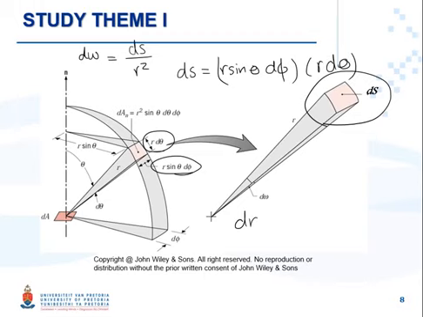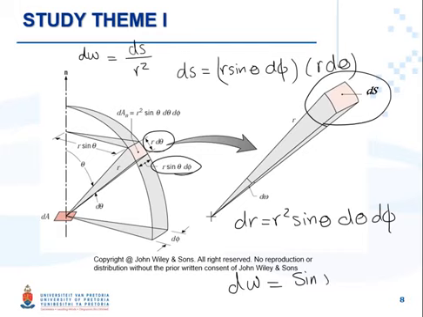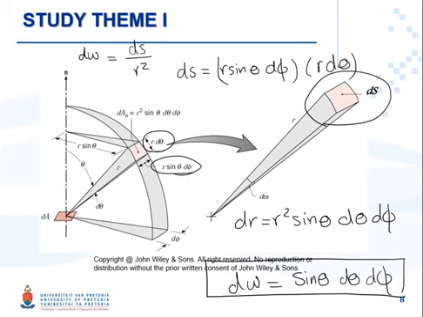So ds is equal to r squared sine theta d theta d phi. Consequently, d omega, the differential solid angle, will be equal to sine theta d theta d phi. Of course, if we want to calculate the solid angle, we need to do a double integration over theta and phi.